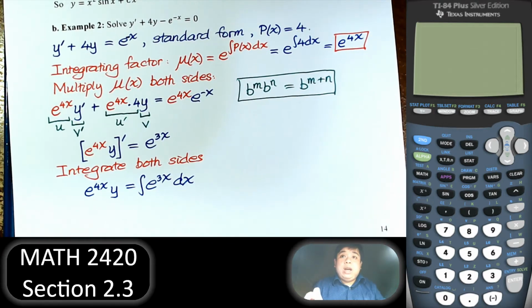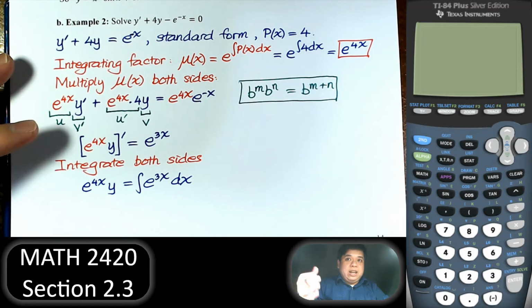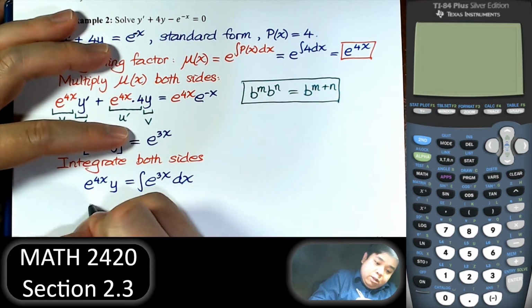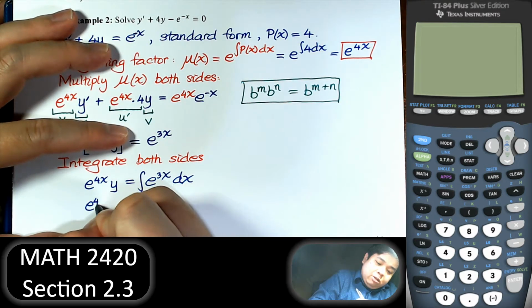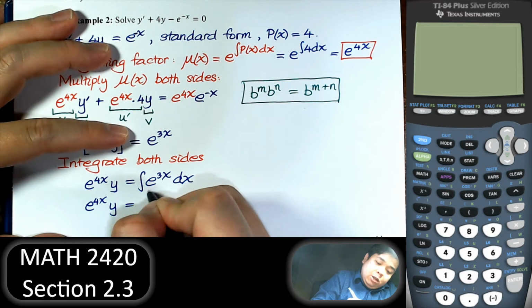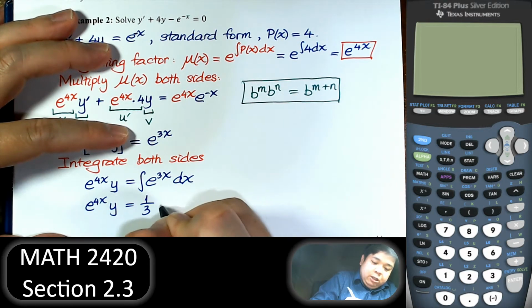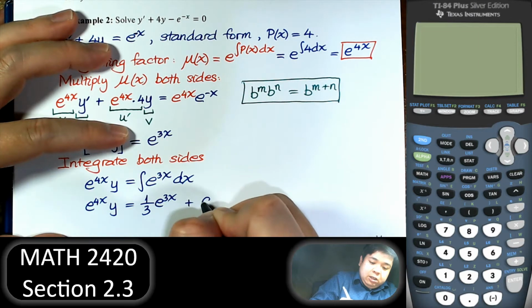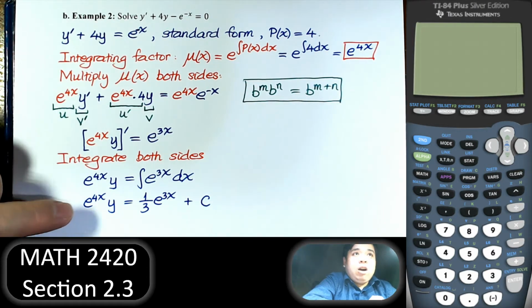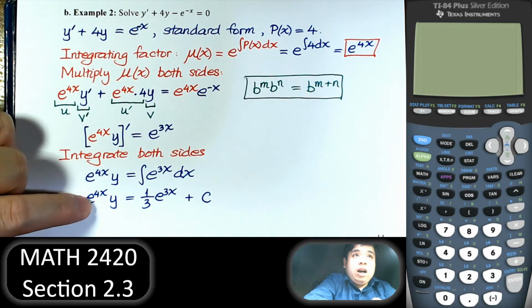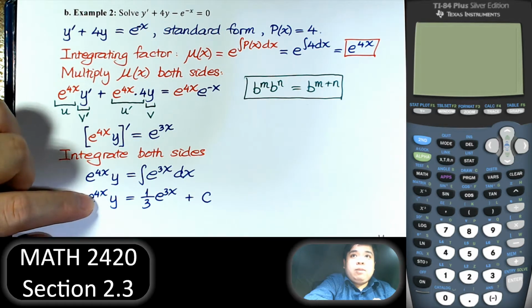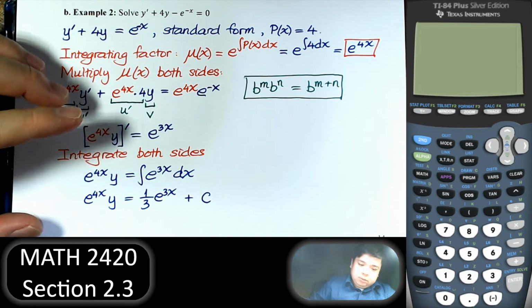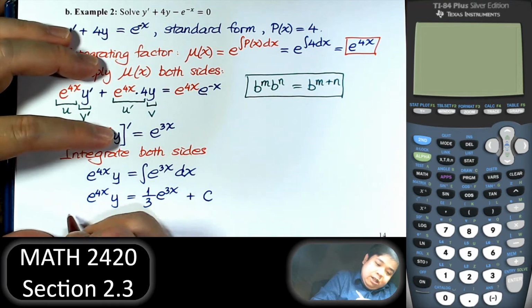The integral of e to the 3x is e to the 3x and then divide by 3. So the left hand side is still the same. The integral of that is 1 over 3 e to the 3x plus c. And finally, to solve for y, we just divide e to the 4x on both sides.